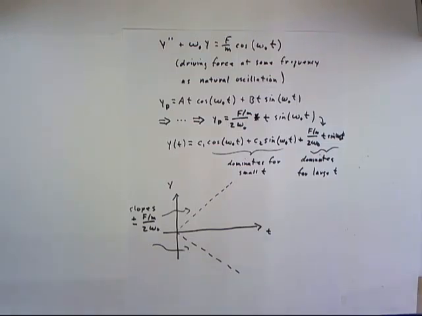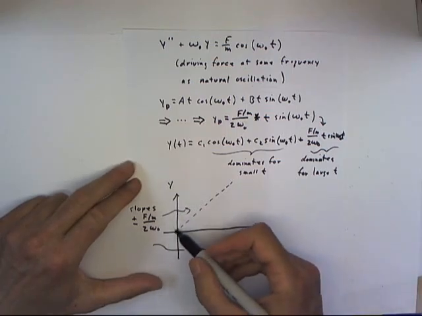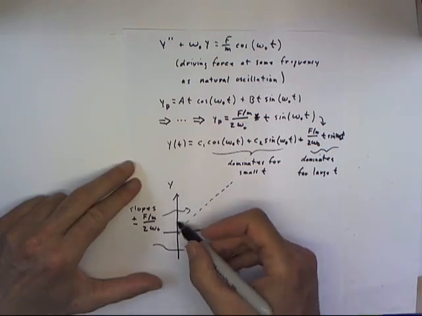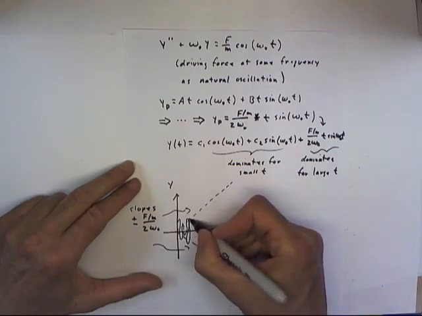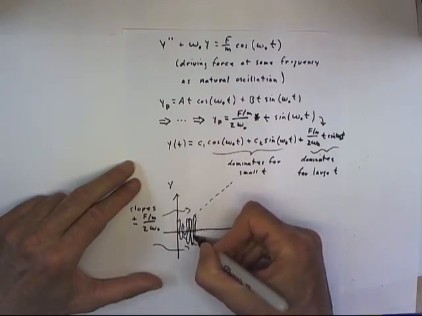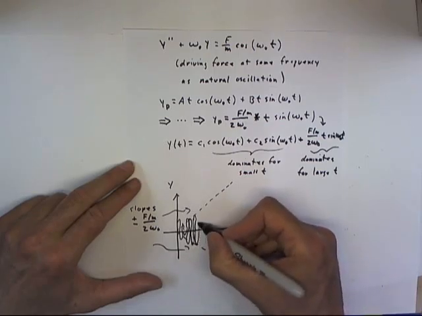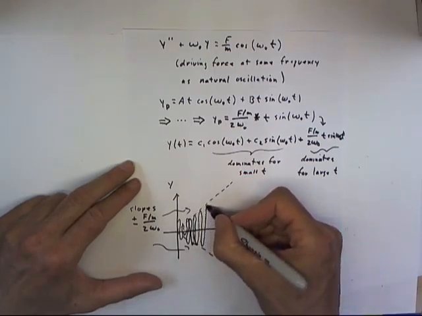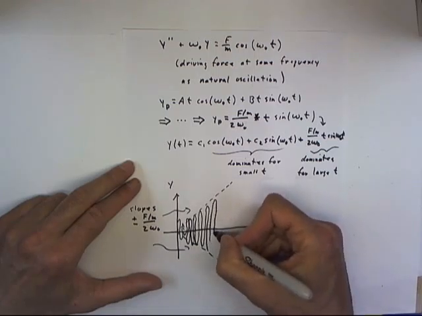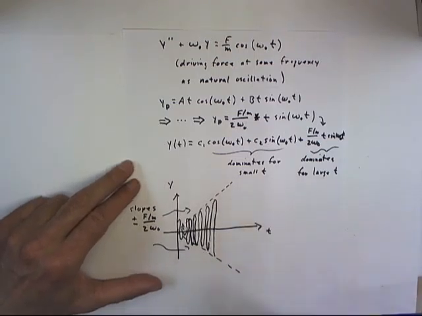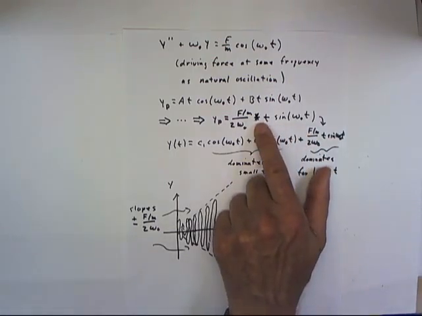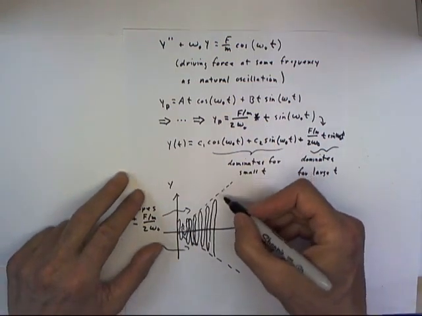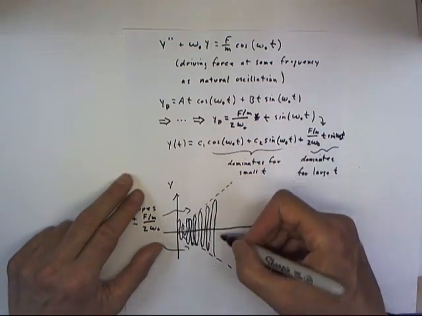So whatever happens here in the early going, which might be just about anything, we could have something that does this. Okay, I'm not drawing that very well, but eventually those oscillations are going to become insignificant, and we're going to settle down into the oscillation governed by the particular solution. And those oscillations are going to get wilder and wilder.